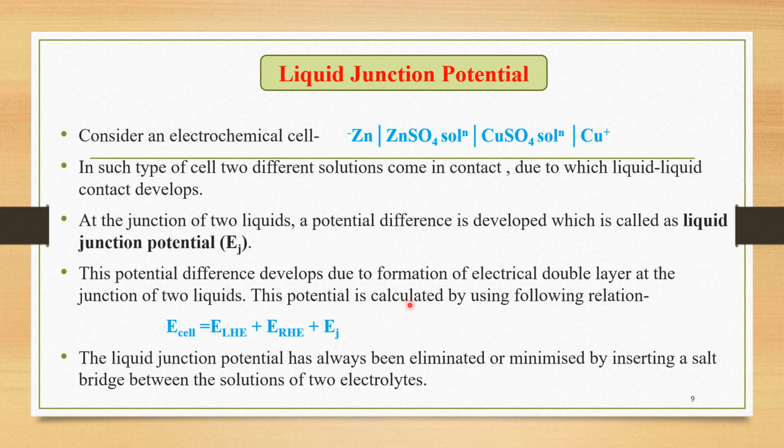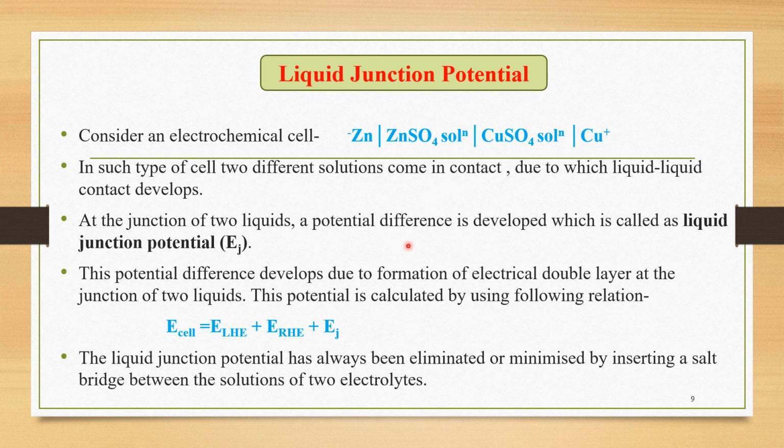This potential is calculated by using the following relation. Before looking at this relation, keep in mind one important phenomenon. Whenever these two solutions are in direct contact with each other, a potential difference is generated due to the formation of the electrical double layer at the junction point.